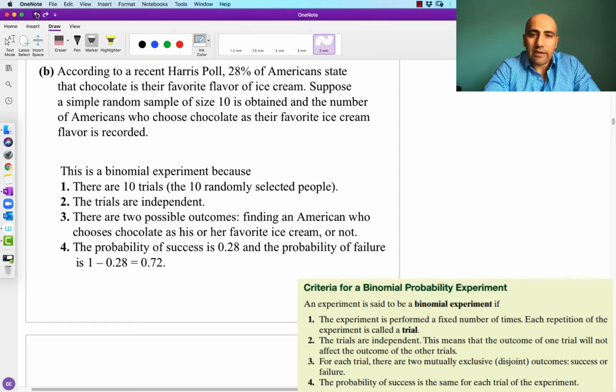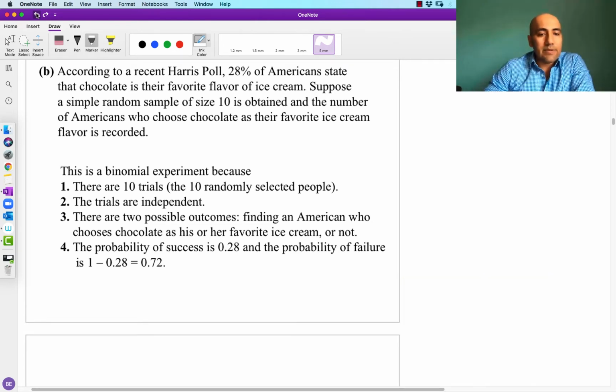Of those 328 million Americans, 28% of them indicated that chocolate is their favorite ice cream flavor. So as you're polling just 10 people, then that probability stays about constant, right? So the probability of success is going to be equal to 0.28, and the probability of failure is going to be its complement.